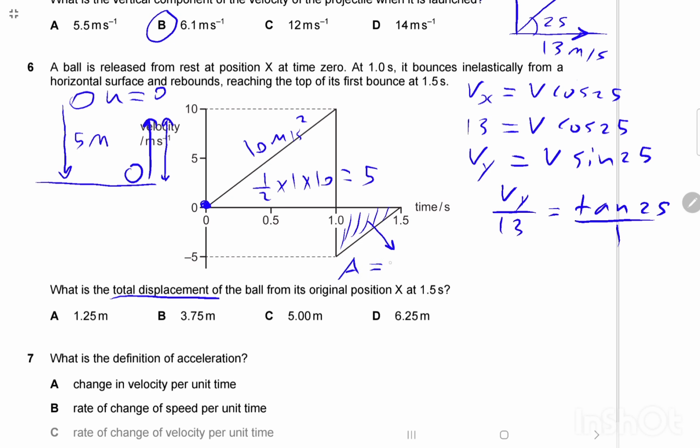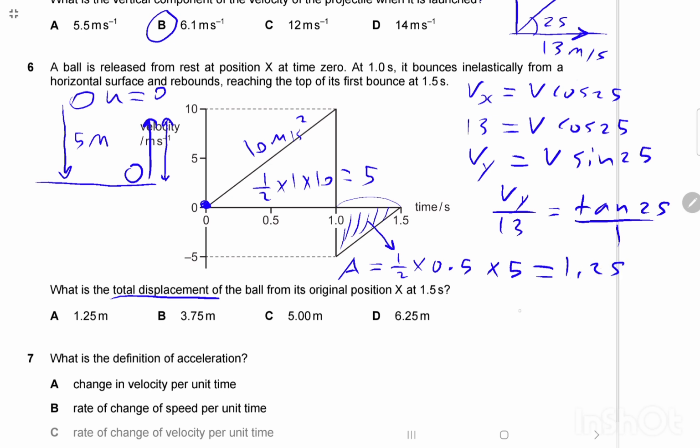So the area is equal to half times the base. The base is from 1 to 1.5, so this is 0.5. Half times 0.5 times the height, which is 5. So here the height is 5, and this will be 1.25.